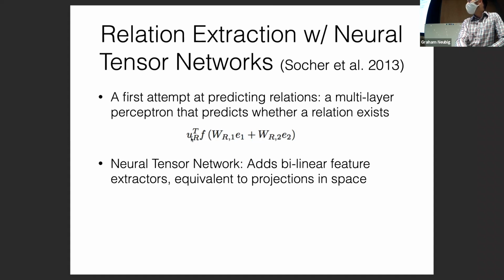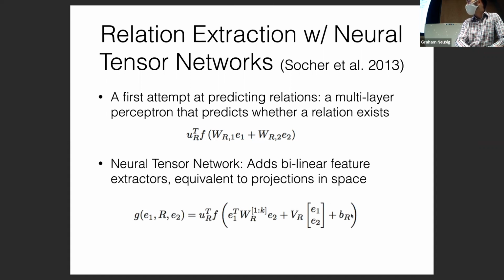There was also a model called the neural tensor network that adds bilinear feature extractors, which do the standard MLP-based thing, but they also have a weight matrix here that you multiply with E1 and E2.